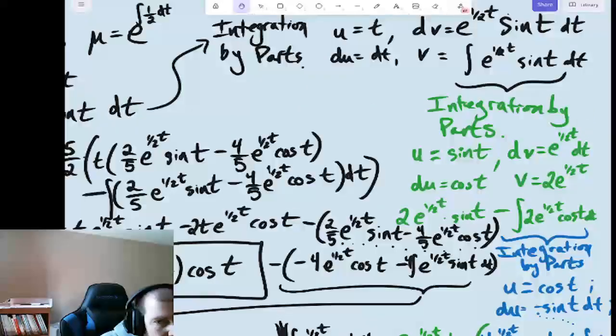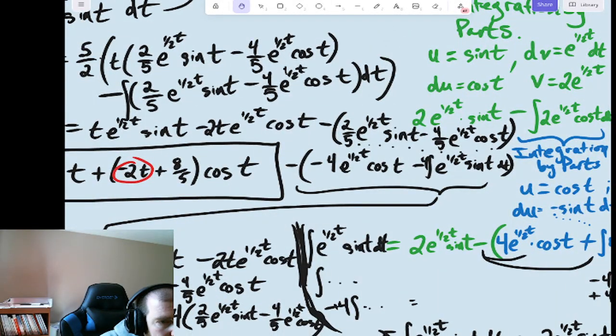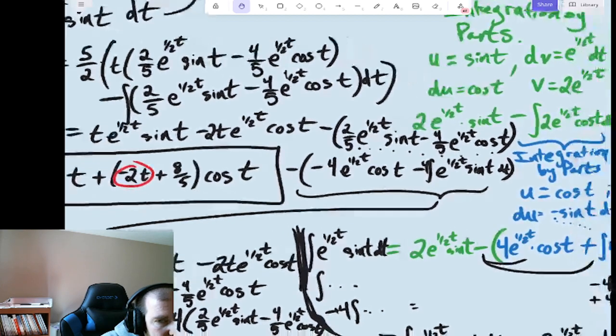Negative. Here, when I assumed that this one was going to be the same in here, or in here.